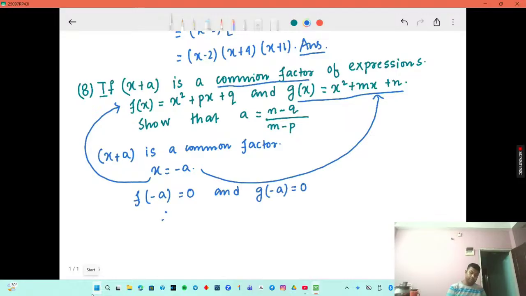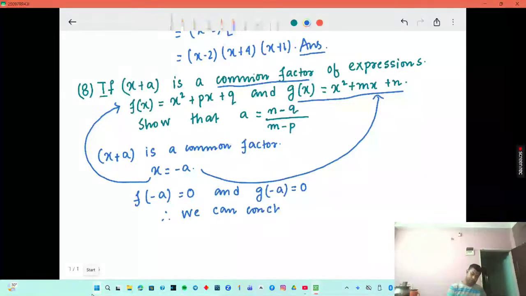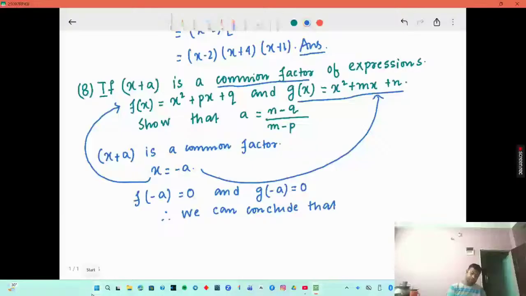So therefore, from these two equations we can conclude that f(-a) is equal to g(-a). Is it okay?